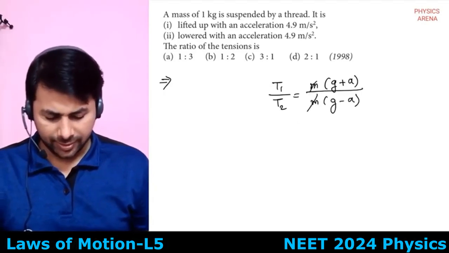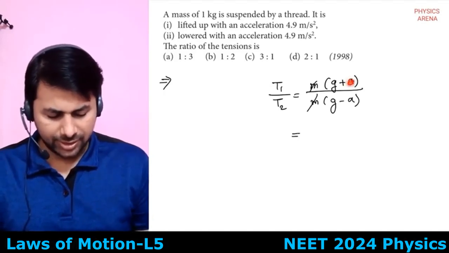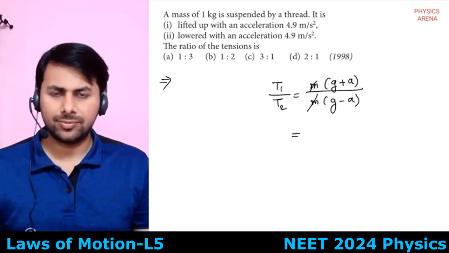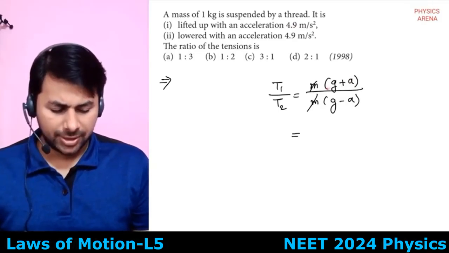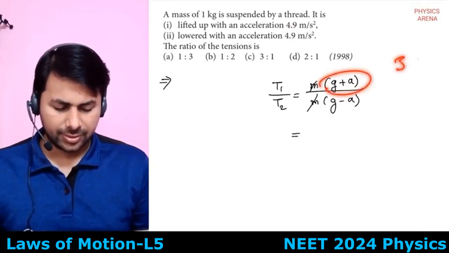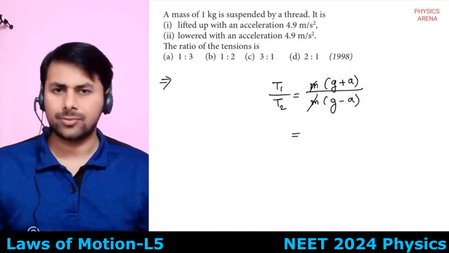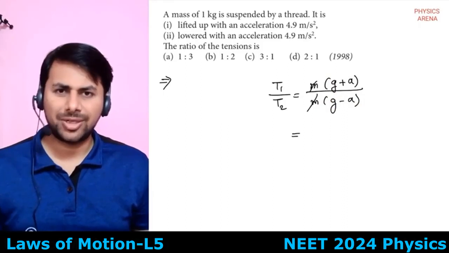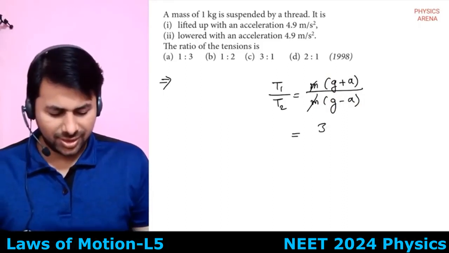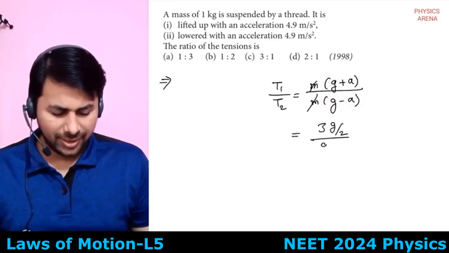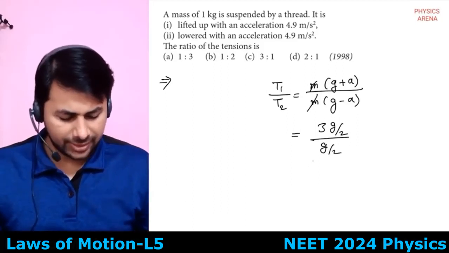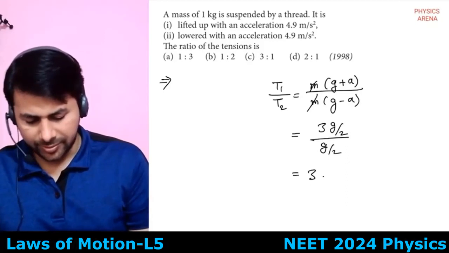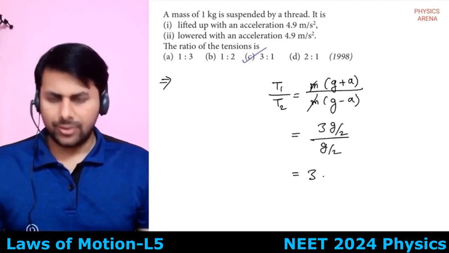M gets cancelled. And how much is a? It's 4.9, which means it is g by 2. So g plus g by 2 will be 3g by 2, right? And g minus g by 2 is g by 2. So this is 3g by 2 divided by g by 2. The 2 will get cancelled. So it is 3, or 3 is to 1, we can say.